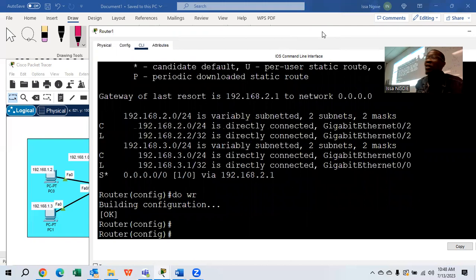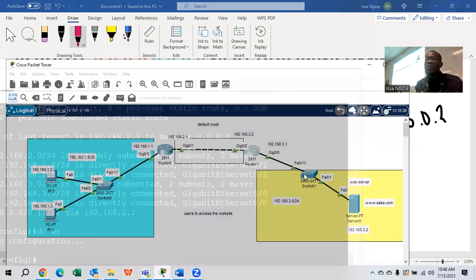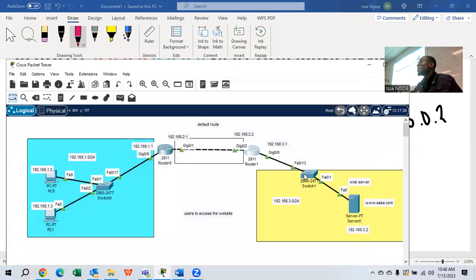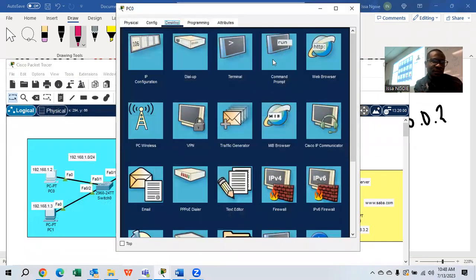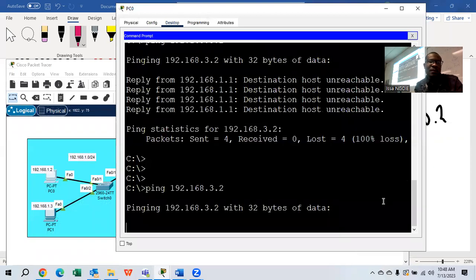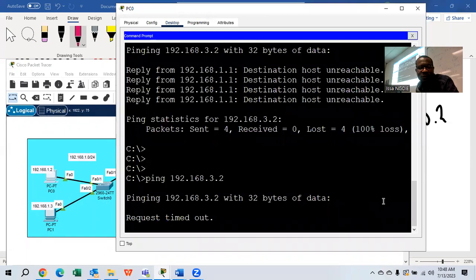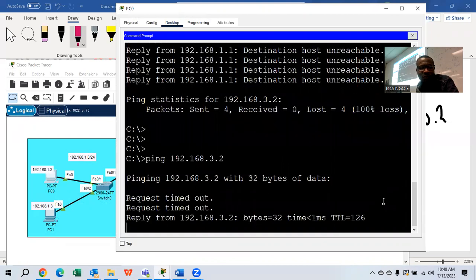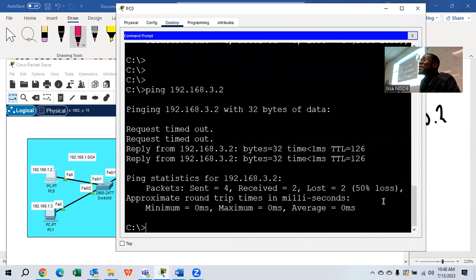Now, because we are done, we're gonna try again to talk to the server. From the beginning, it takes time because they have to communicate.